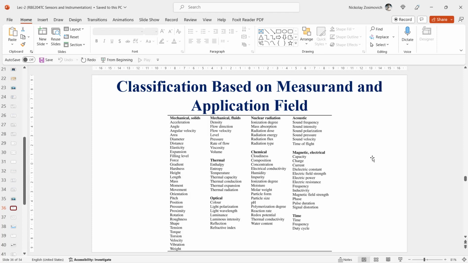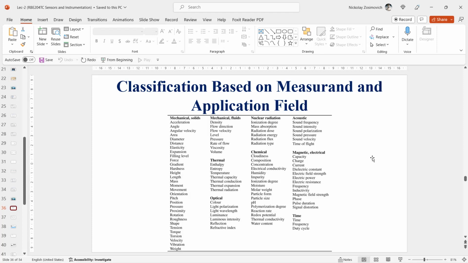But much information on sensors can also be found in books focusing on a specific application area. For instance, mobile robots, industrial inspection, buildings, manufacturing, mechatronics, automotive, biomedical, and many, many more.